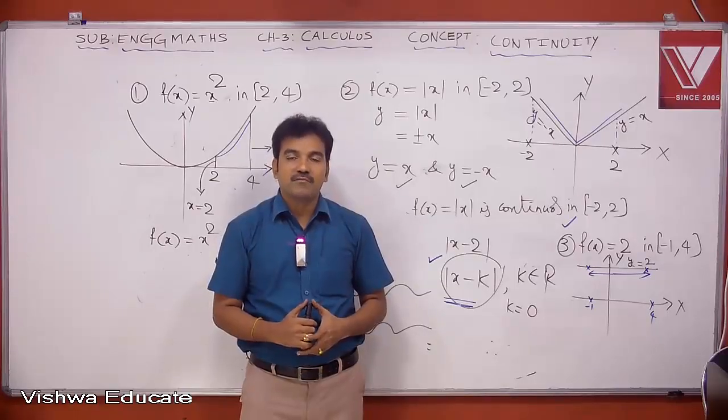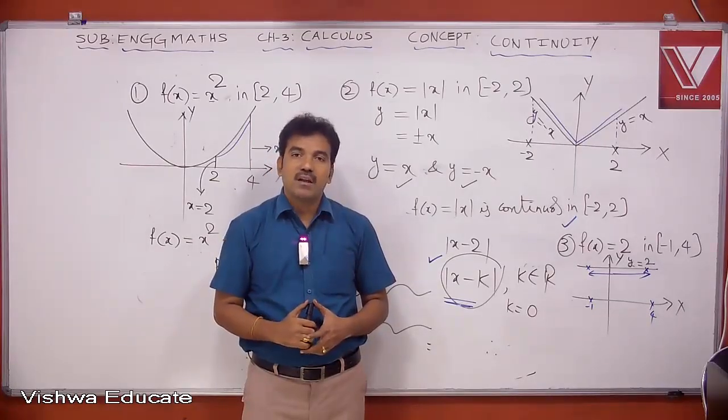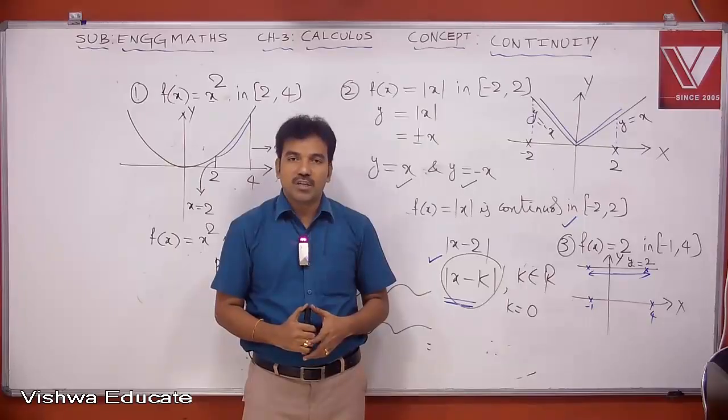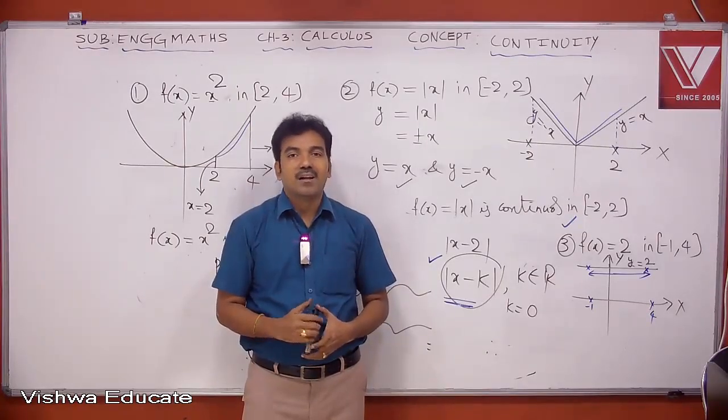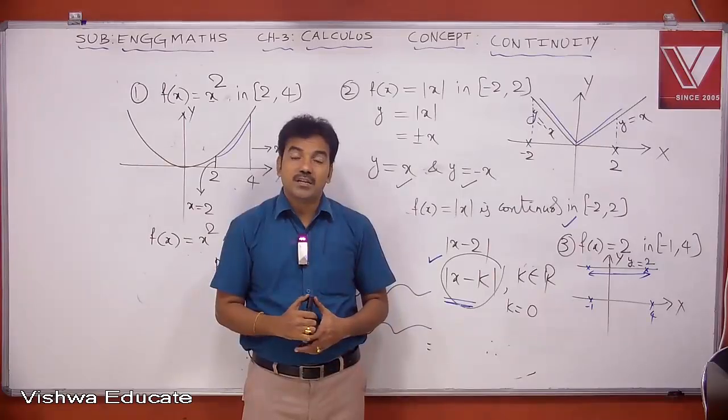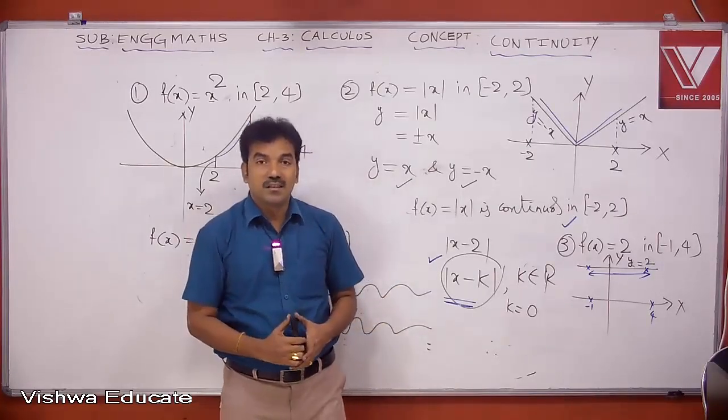I repeat once again, if f of x is not continuous at at least one point in the closed interval a comma b, then f of x is not continuous in that interval, and that point is called a discontinuity point of f of x in that interval, right? So this is the end of the session.